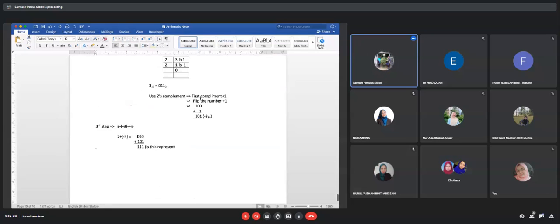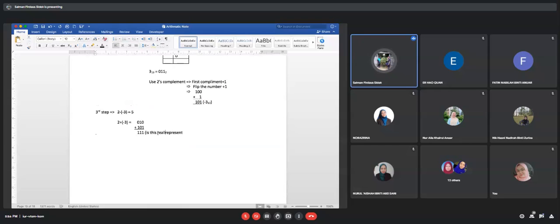Negative 1? Is it really representing negative 1? We don't know whether this answer is correct or wrong. So what should we do? Use negation. Good.